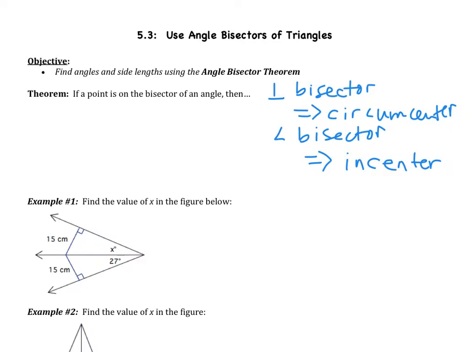All right, so the angle bisector. All I'm going to do is draw a picture similar to what you see under example number 1. I am going to draw an angle, and then I am going to cut it in half. So an angle bisector means that this angle is congruent to this angle.